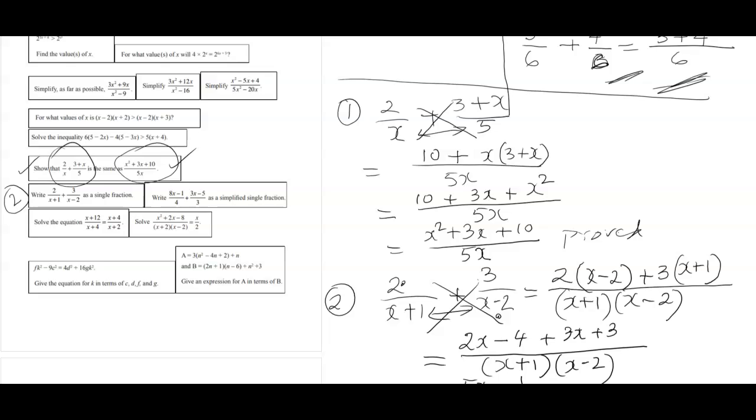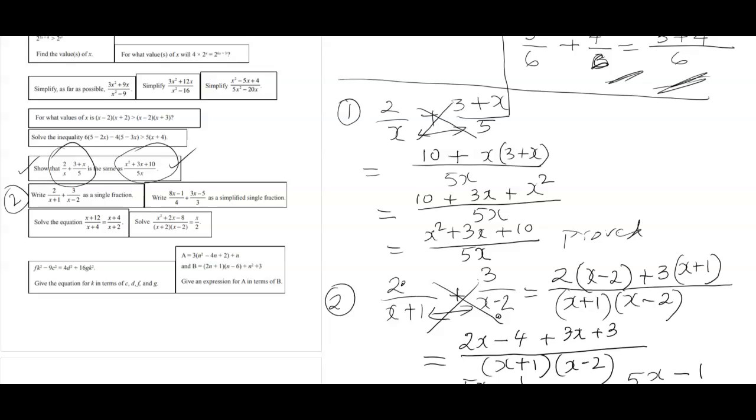Now let me look back to the question. Well, they are asking you to write it as a single fraction. In my opinion, this should be acceptable, but I don't know, actually you might have to expand this, so that'll give you x squared minus x minus 2.